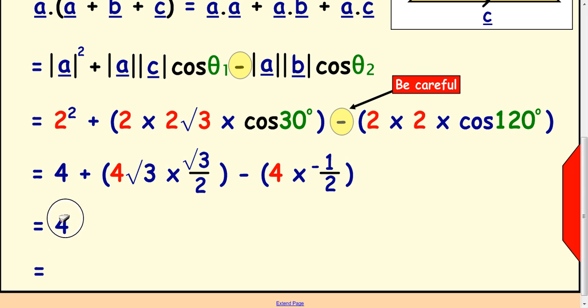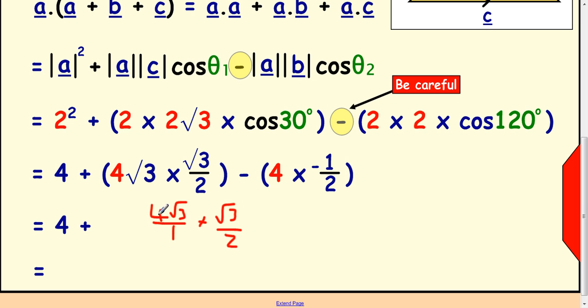Okay, so 4 plus, now if you multiply 4 root 3 by root 3 over 2, what you're effectively doing is 4 root 3 over 1 times root 3 over 2. So you're going to get a root 3 times a root 3 in the top, which is just 3.